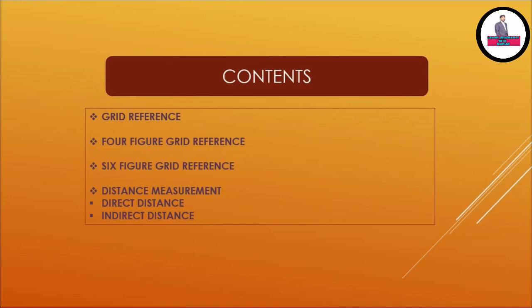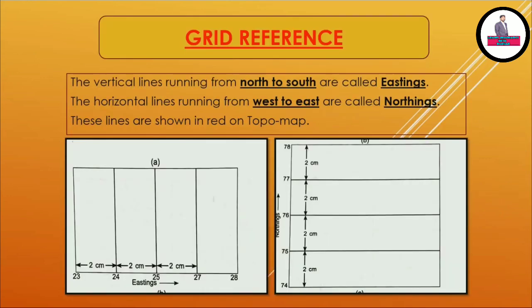So let us discuss now grid reference. The vertical lines running from north to south are called eastings. And the horizontal lines running from west to east are called northings.